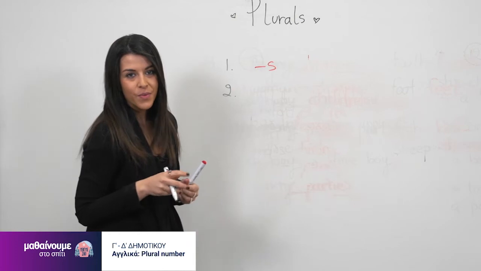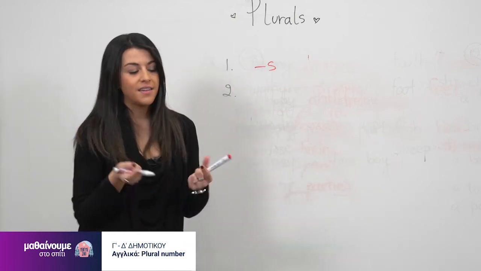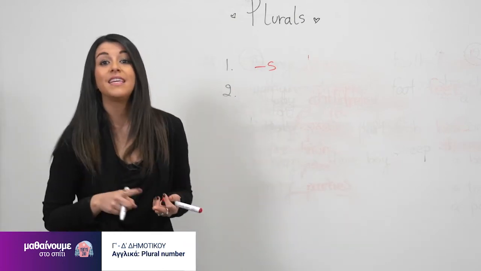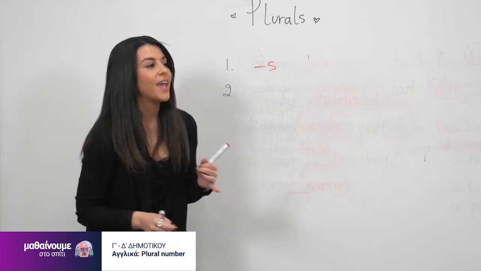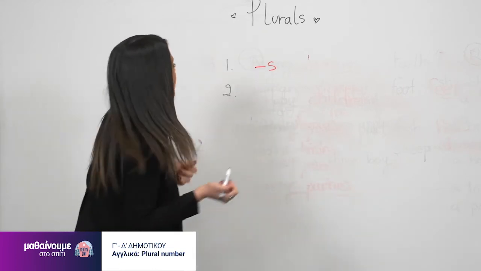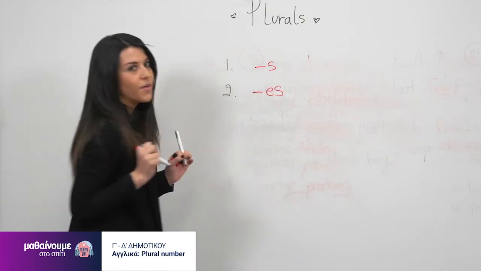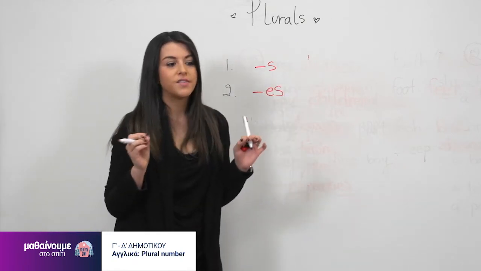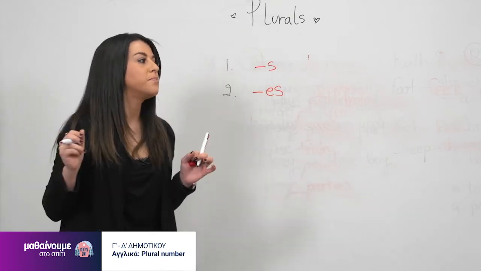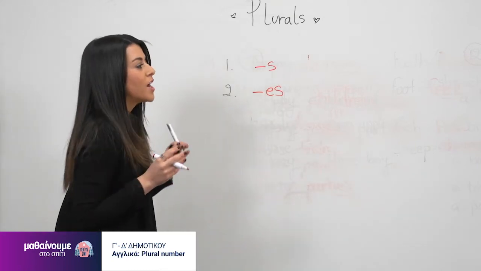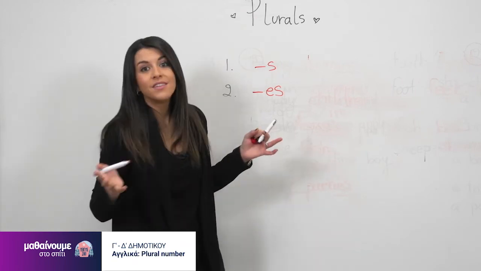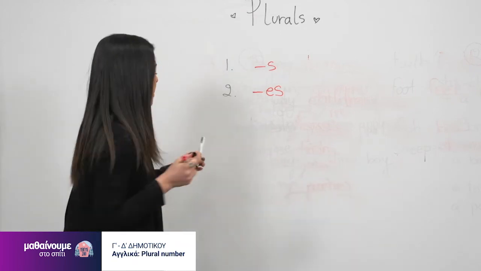When we have S in the end, SH, CH, X, and O sometimes, we put ES in the end. Box, boxes, fox, foxes, potato, potatoes, brush, brushes. So dress, dresses, right? There are many words.